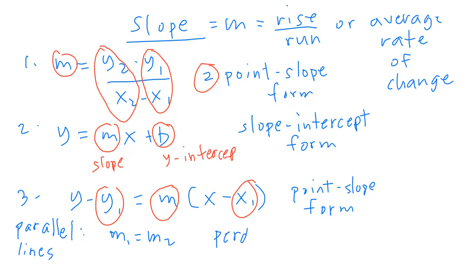When you have perpendicular lines, okay, it means that your first slope is the negative reciprocal of the second.